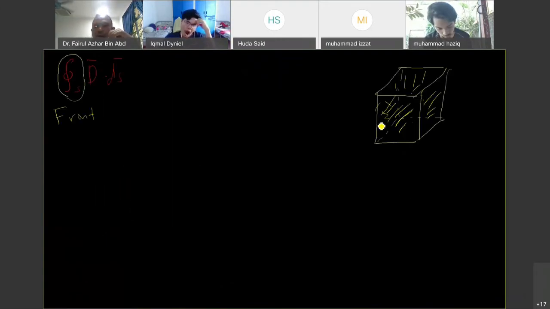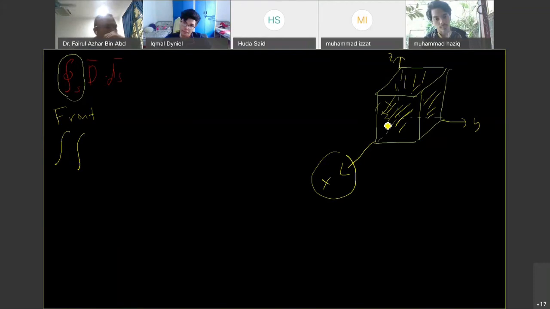So we need to perform this surface integration for each surface. For example, on the front, the coordinate that is fixed, as I showed just now, is the x axis. So this is x, this is y, and this is z. The value that is fixed is the x value. In other words, the direction of the surface is in the x direction.